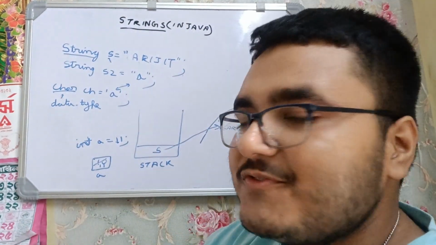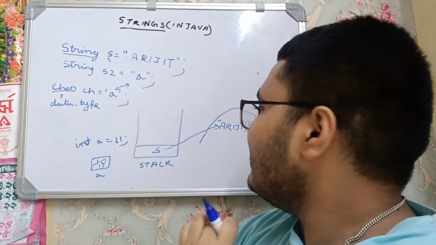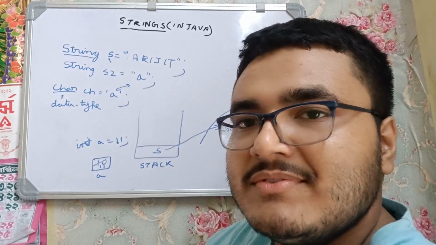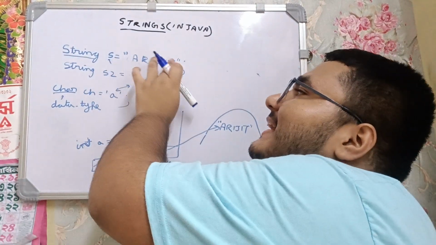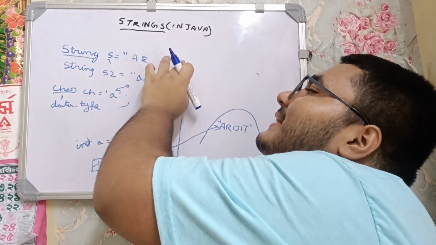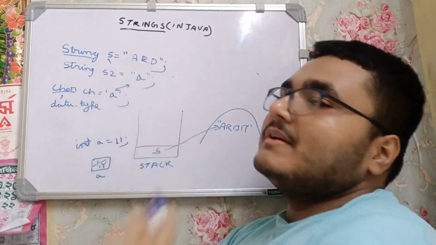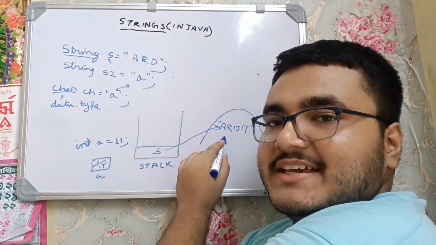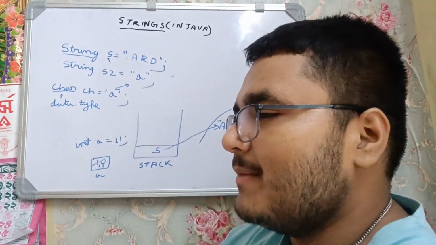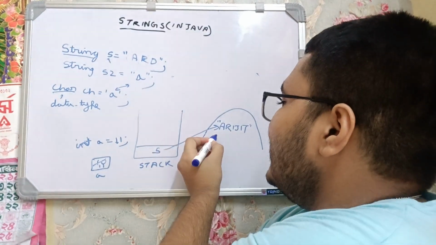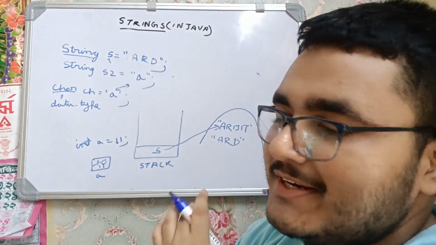But in case of strings, once you have written Origin, that is stored in the heap memory. Now when you again write Ard, now this doesn't get overwritten, Origin doesn't get overwritten. Rather, you get another string called Ard in the heap memory.